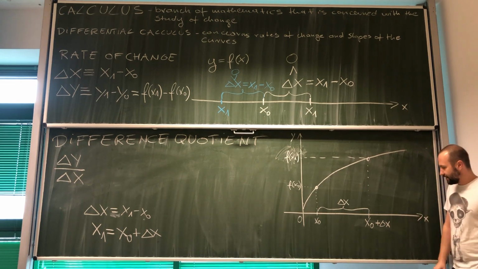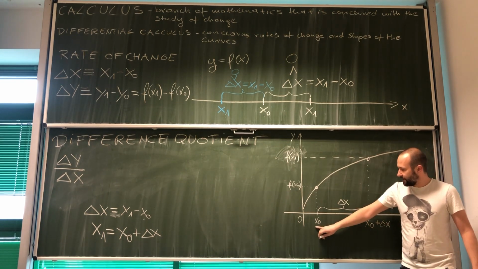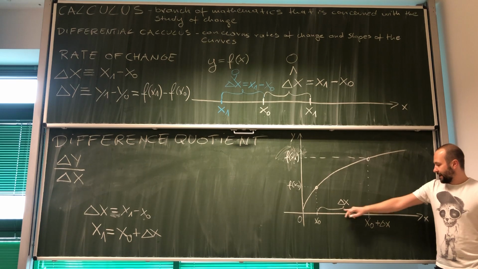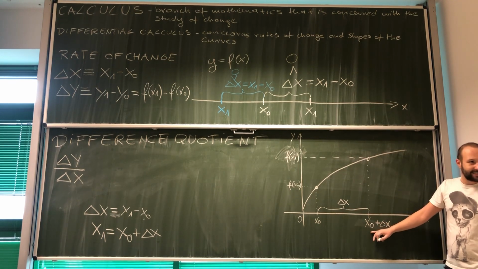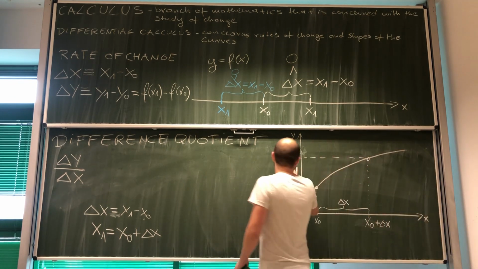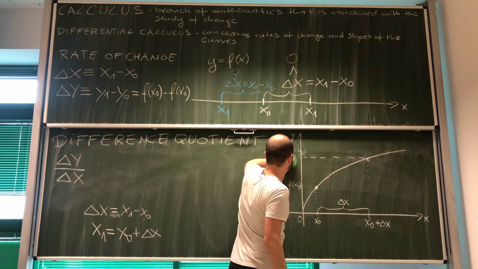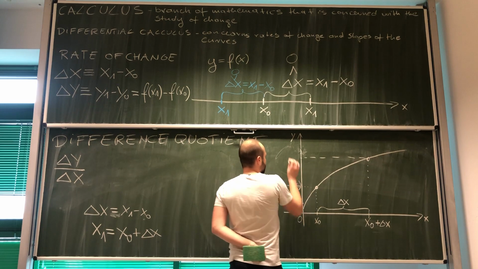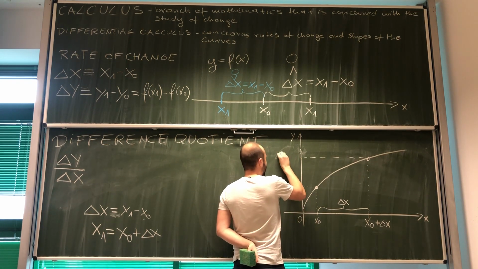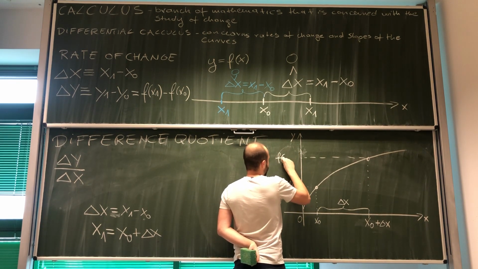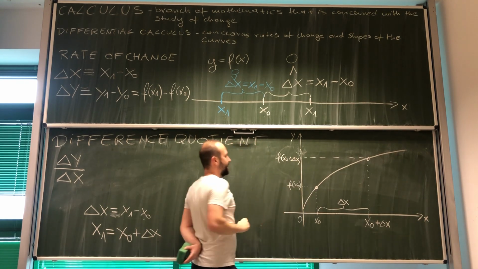And we clearly see that this is true because if this is x0 and this is delta x, then this must be x0 plus delta x. Now I can rewrite this expression so that over here we will have f of x0 plus delta x.